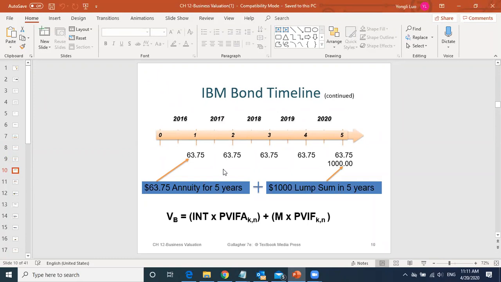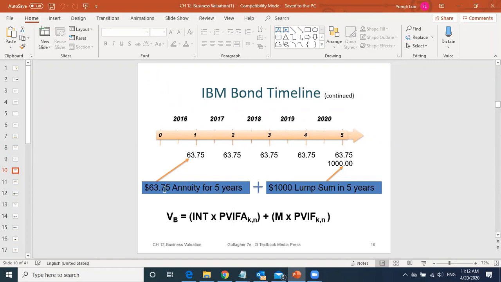The bond price: you look at this series of coupon payments, $63.75. This is the interest, or the payment we have.